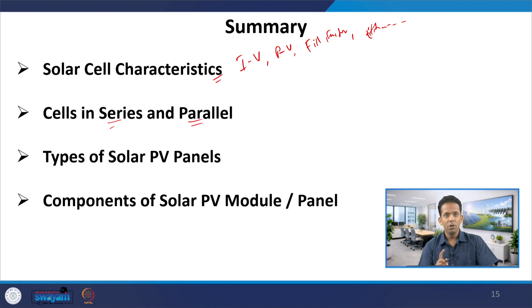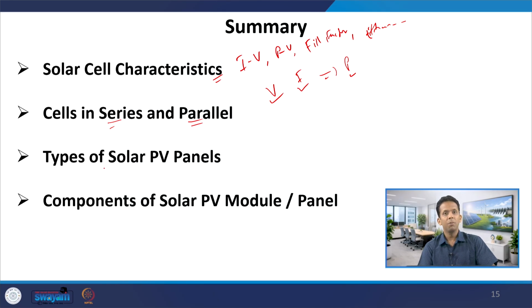So the thumb rule is, first connect in series till you get the desired voltage. Once the desired voltage is achieved, those series strings can be connected in parallel to achieve desired current, which will give us desired power. Okay.